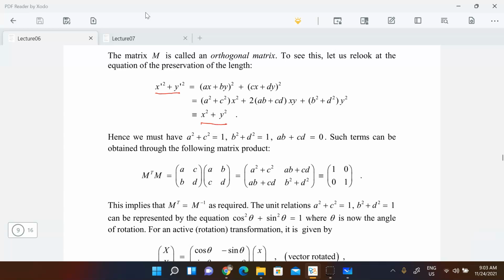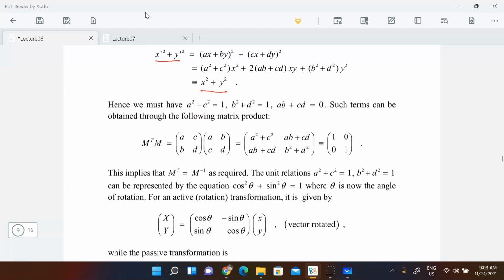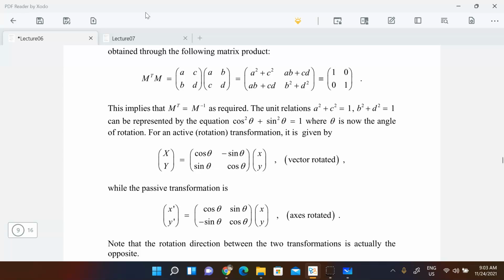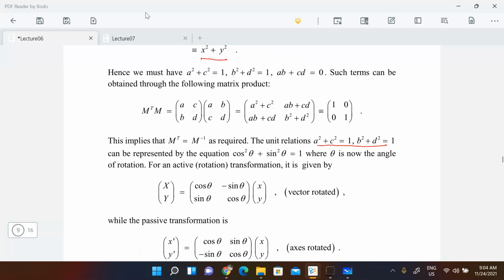Based on this identity, one can actually obtain some conditions on the rotation matrix. So these are the conditions that we had previously, and also there's another condition where it was supposed to be 0.